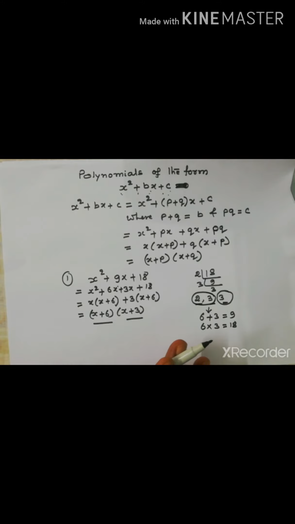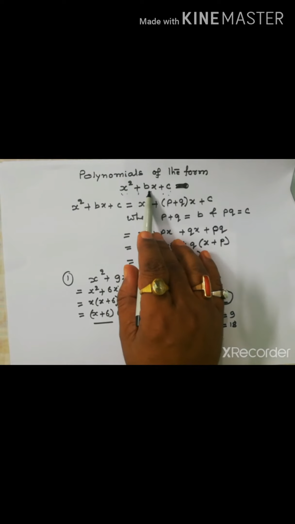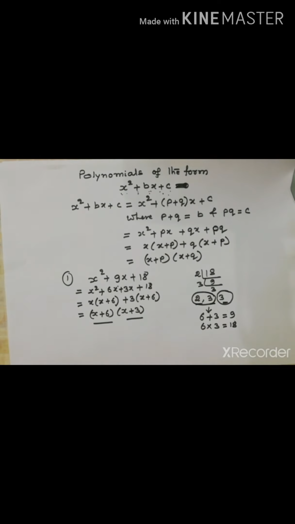In this way we'll solve the polynomial which is in the form of x square plus bx plus c. What to do? First of all, since here the coefficient of x square is 1, so we have to see this term only. Plus 18 we have.